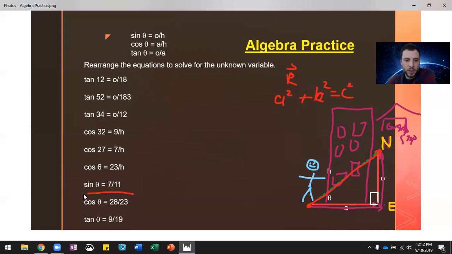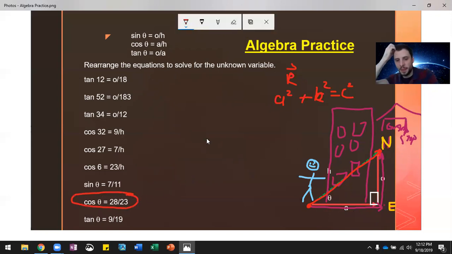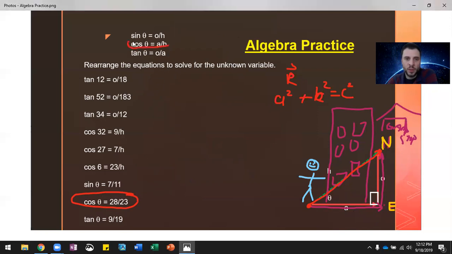So let's look at this one down here. Cosine of theta, which is just our angle, equals 28 over 23. What that's telling us when we look at cosine is two things: the adjacent side and the hypotenuse of angle theta.